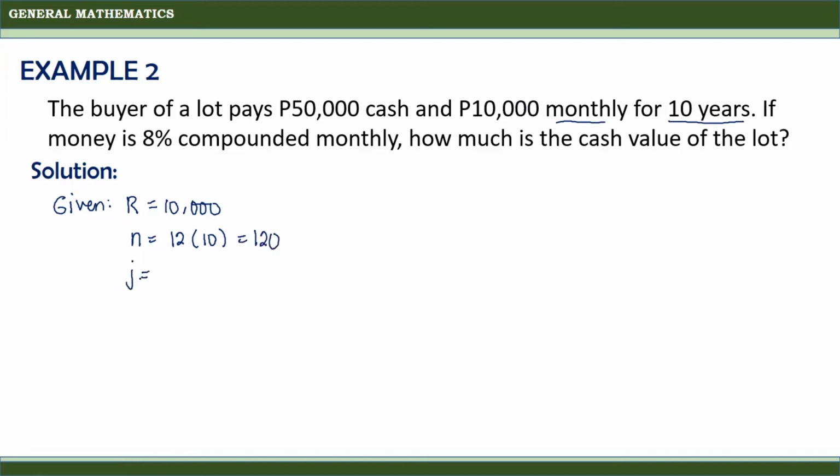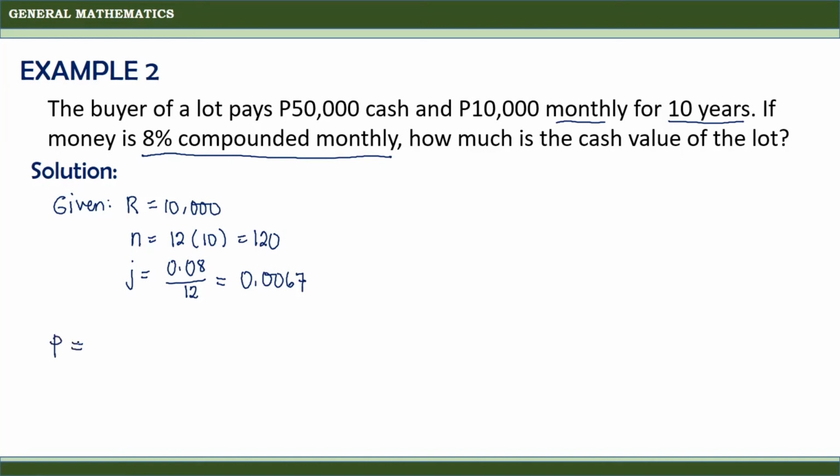J, which is the interest rate per period, is equal to 0.08 divided by 12 since it was given that the money is 8% compounded monthly. So when we simplify, this is equal to 0.0067.